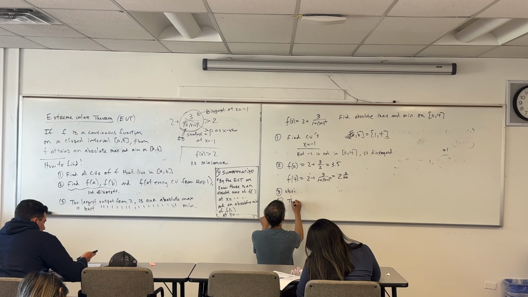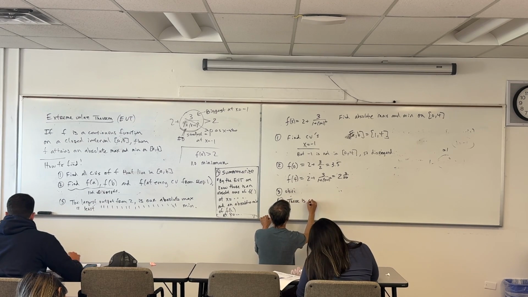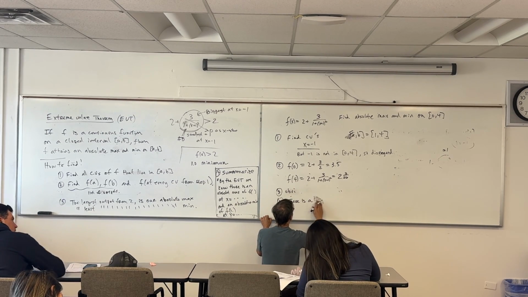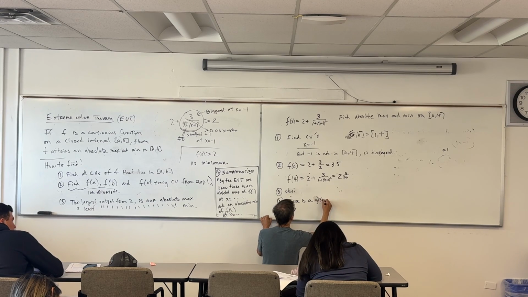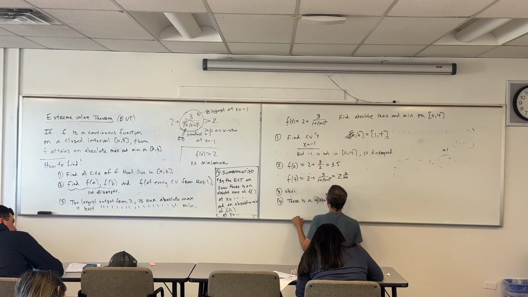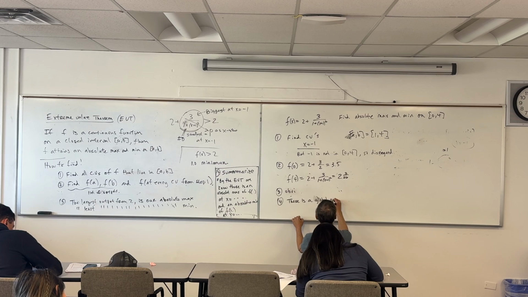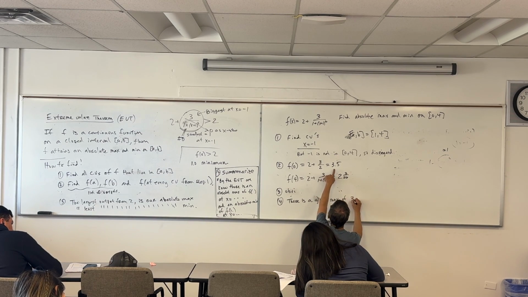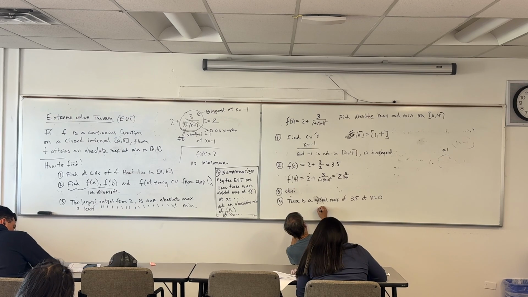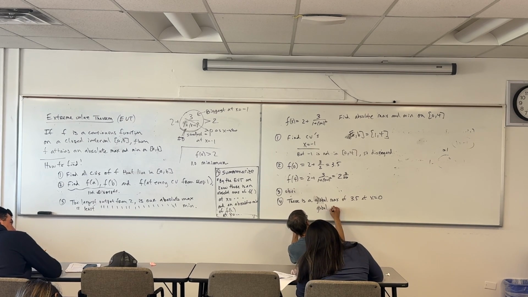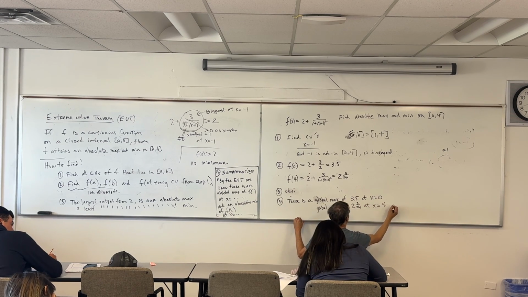So there is a global or absolute (you can use global or absolute interchangeably, I clearly do) max of 3.5 at x equals 0 and a global min of 2 and 3/26 at x equals 4. Done.